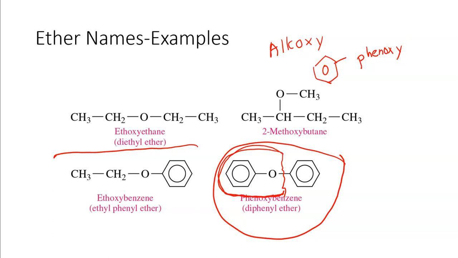Okay, phenoxy is the name for benzene ring when it has to be named as an alkoxy group. So the first part will be phenoxy, and the rest of the molecule will be named as benzene, phenoxybenzene. The common name will be diphenyl ether, since there are two phenyl groups side by side.